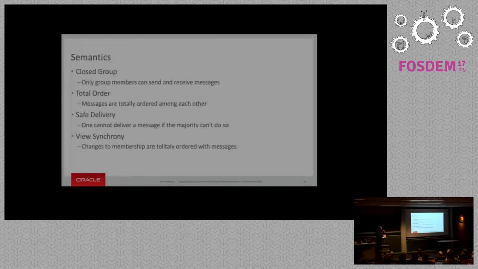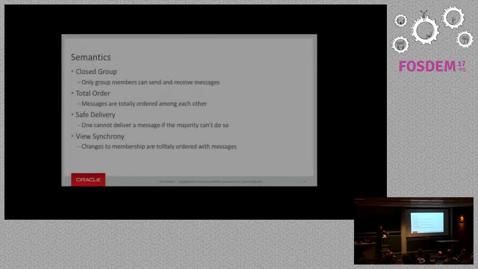Another important point about the group communication system, that this thin layer has to preserve, is the idea of view synchrony. Basically, view synchrony means that whenever there is a change in your cluster, whenever a node is added or removed, the information about the membership has to be totally ordered with the messages that are sent through the cluster.